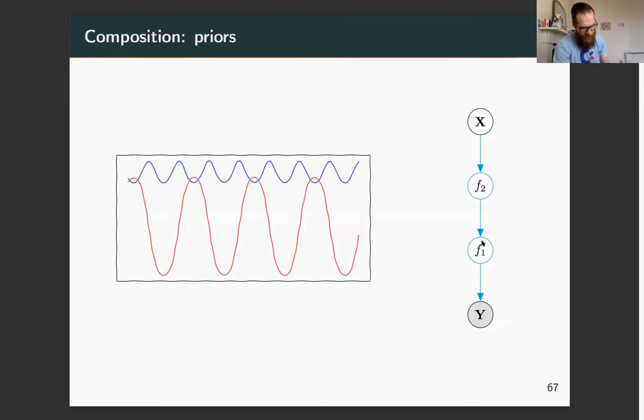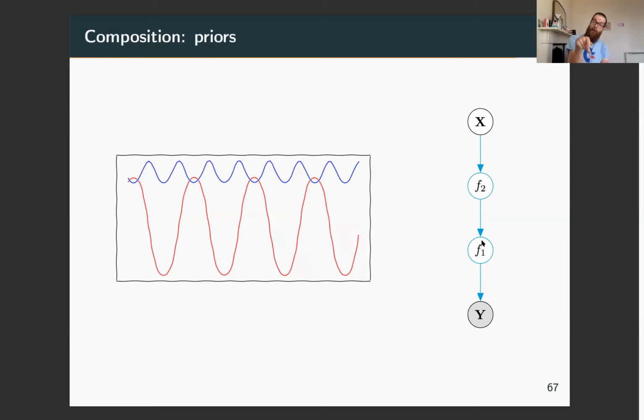So then the next thing that I wanted to come to was priors. So we talked about beliefs about the functions that I think I want to have in a network. So let's say I got this very, very simple network with 2 layers, and I say I like periodic functions. So say that I have a prior that really, really likes sine functions. If I like sine, I probably like phases of sines. I probably like cosine. Now if I map a sine through a sine, I get the red curve.